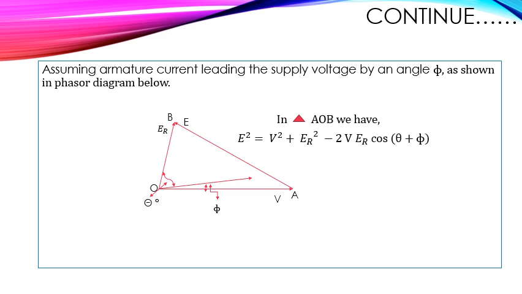Here theta is the angle between I and ER, which is less than 90 degrees, and phi is the angle between I and V, which indicates that current leads the voltage by an angle phi. That's why we have to take cos of theta plus phi, because we are taking the triangle AOB. So the angle of the triangle is theta plus phi.